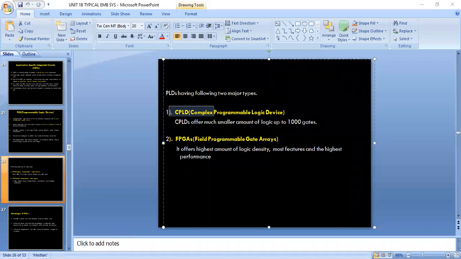I told you that here memory was added. Input and output lines are the same as in CPLD, and every PLD is interconnected. Here also we are using PLDs as a CLB. What is CLB?